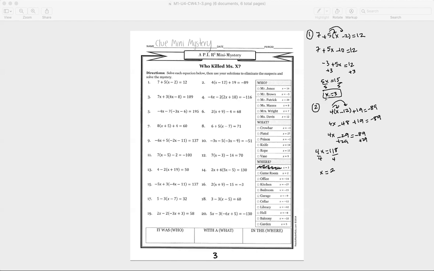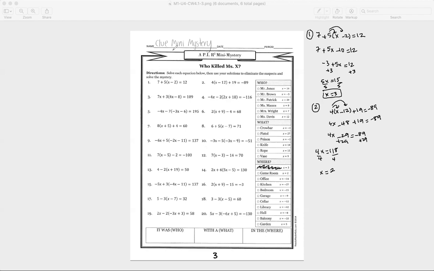Yeah, divided by 4. That doesn't go evenly into it, and I don't see any fractions. All the numbers that I see here are whole numbers.